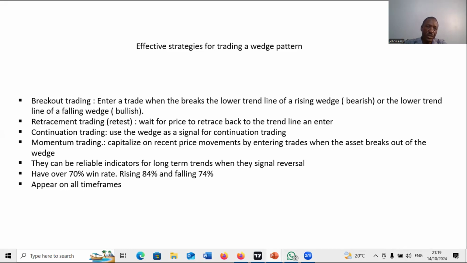We've done this breakout on the flag pattern for a very long time. This again is the strategy that we trade when we are using the wedge pattern. You will trade the breakout.